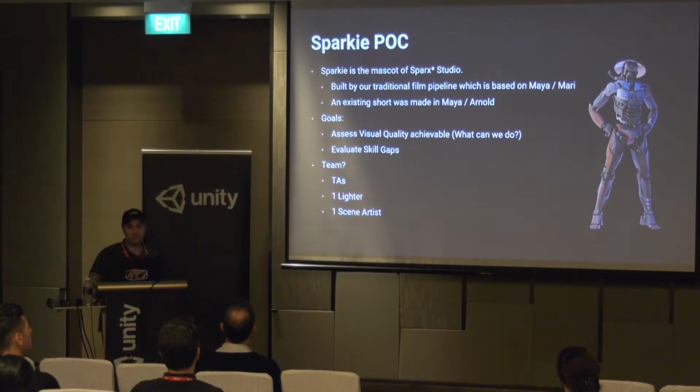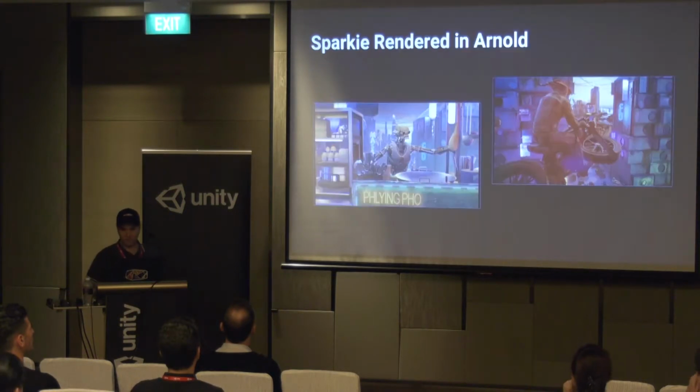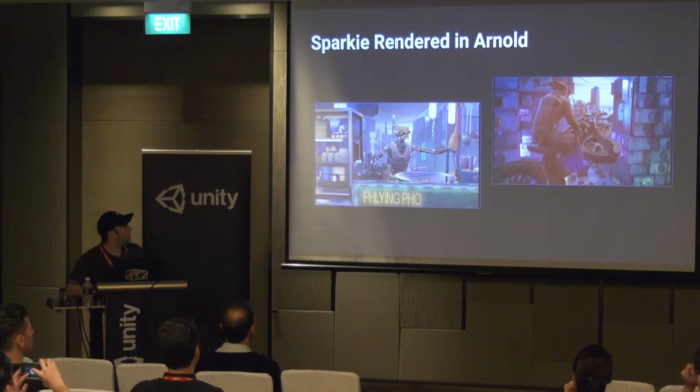So we had a small team. We had technical artists. We had one lighter dedicated and one scene artist. Not included there is some VFX that was done mainly by the technical artists. Here I've got some shots of the original version, which was done, like I said, in Arnold.